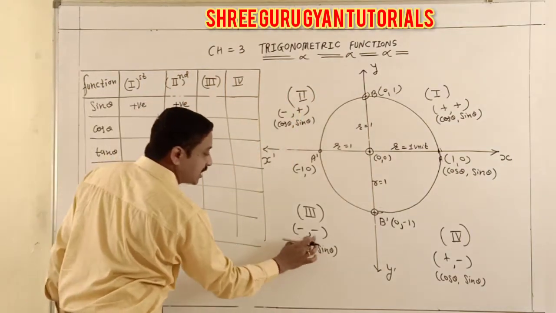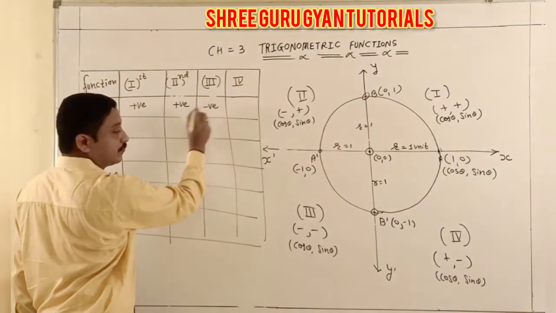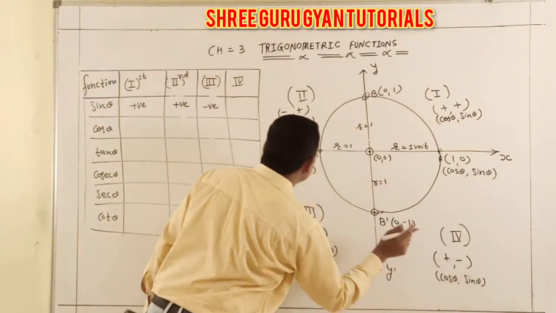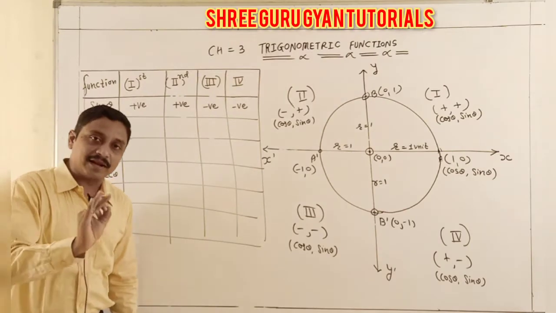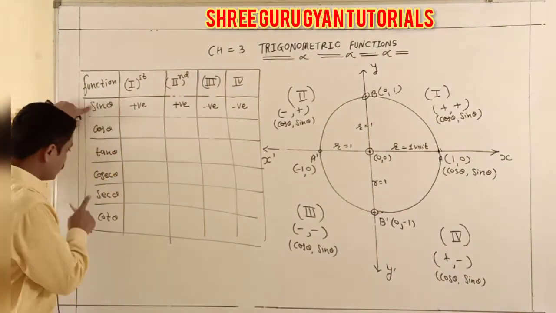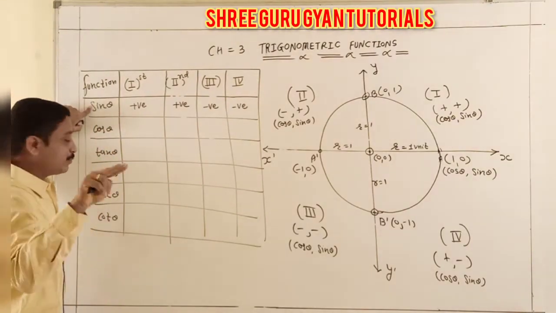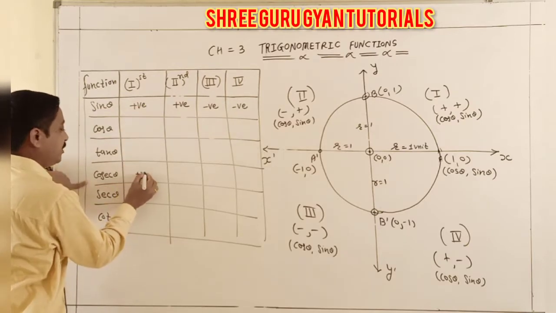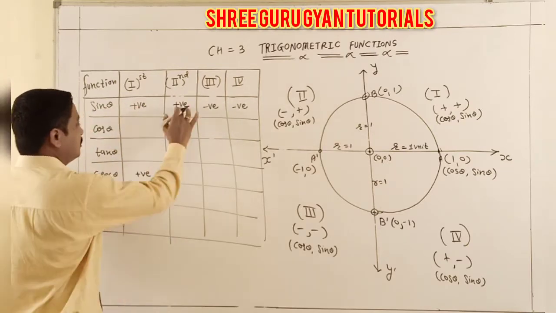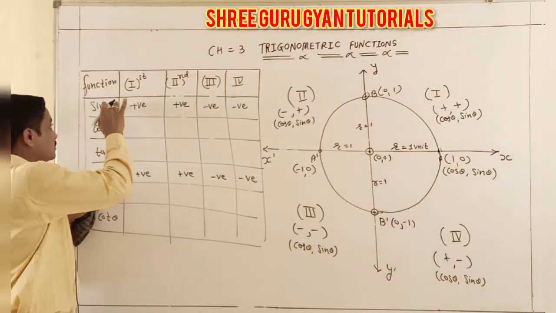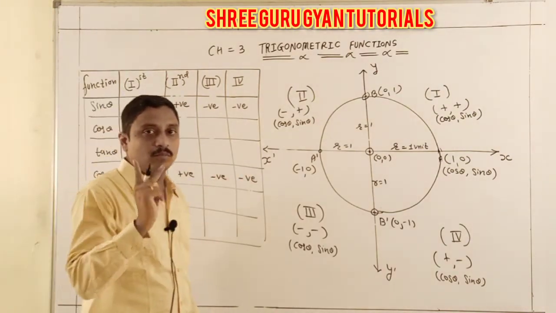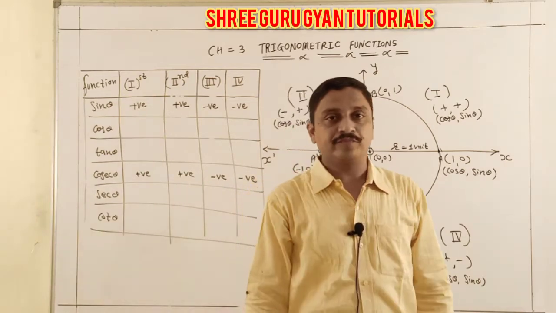In the third quadrant sin theta is negative. In the fourth quadrant sin theta is also negative. Similarly, sin and cosec are reciprocals, and reciprocals have the same sign. It is positive because 1 by positive, 1 by positive, 1 by negative, and 1 by negative. So sin and cosec both have the same sign.